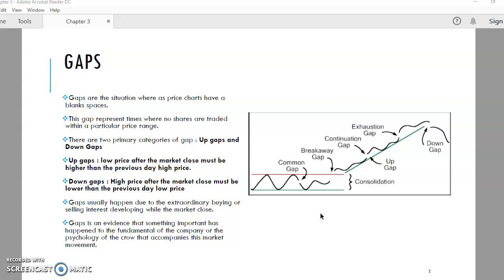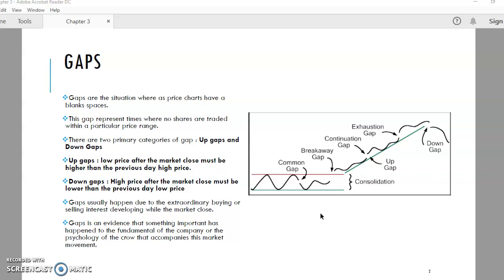Whenever investors believe a company will announce something good tomorrow, such as their financial performance with a very good result, most people will try to buy those stocks.